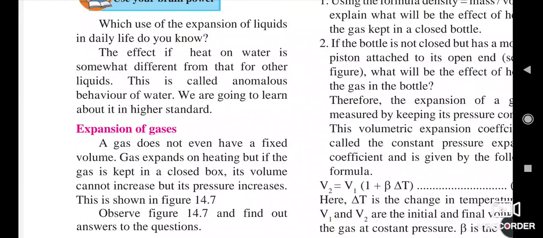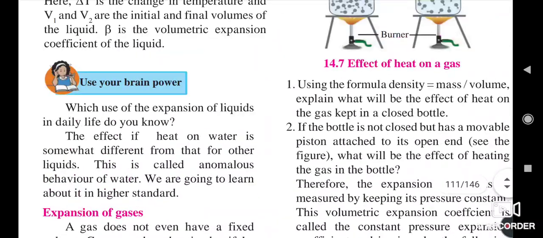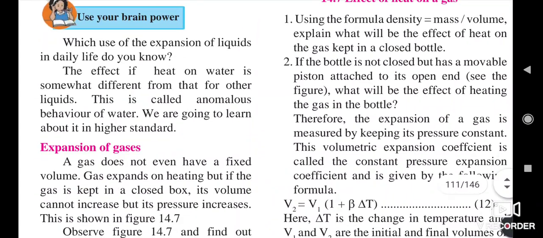Expansion of gases. A gas does not have a fixed volume. Gas expands on heating, but if we keep it in a closed box, its volume cannot increase, but its pressure increases. As shown in figure 14.7, due to the increase in the pressure of the gas, the piston moves upward. Okay.